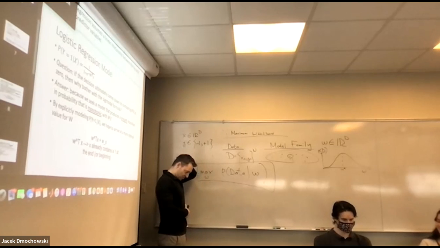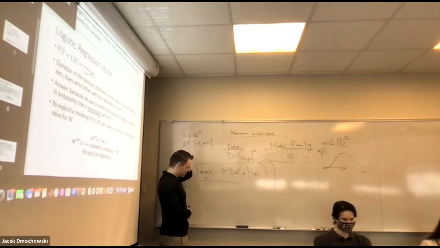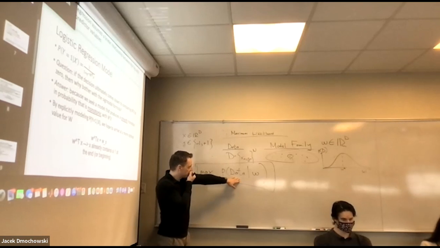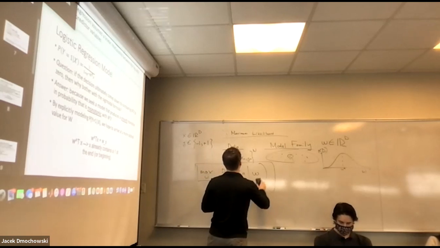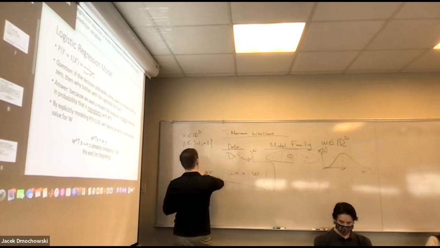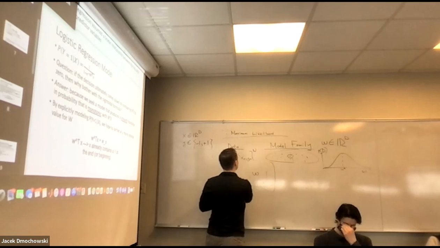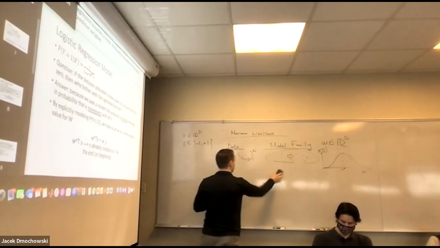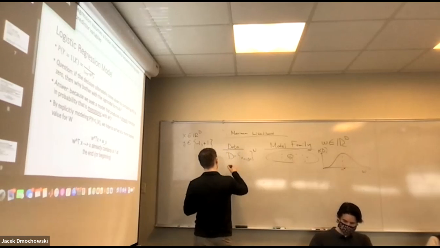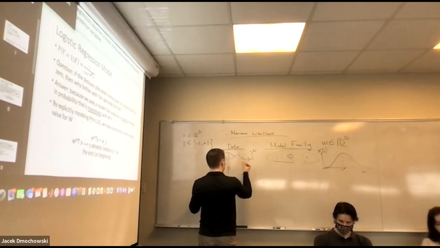All right. Okay. So maximum likelihood. You want to pick the W that best explains your data. The key thing is you need some general form for the probability of your data.